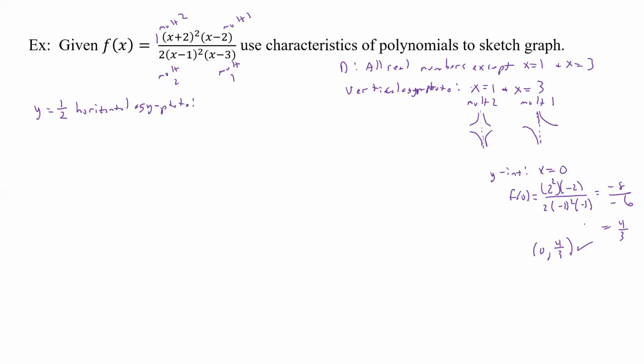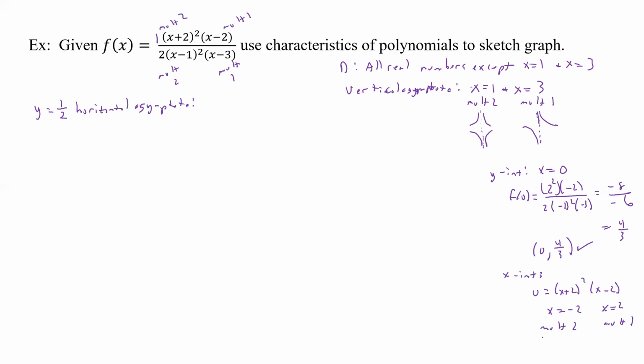And what are our x-intercepts? We set our numerator equal to 0. So 0 equals x plus 2 squared times x minus 2. Here x is going to be negative 2, and here x is going to be 2. The first has multiplicity of 2 and the second has multiplicity of 1, so that's a key there.